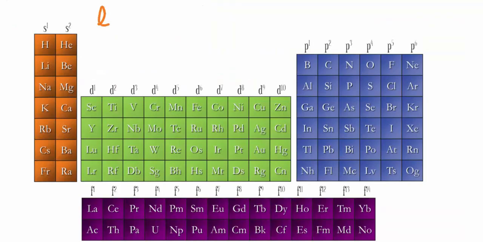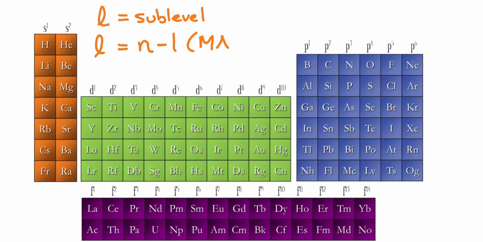The next section is the sublevel. The l value is the sublevel. Now, the sublevel is allowed to be at most, for a value, n minus 1. In the first energy level being 1, 1 minus 1 would be 0. And so the s block, the s section, is going to be listed or related to 0.